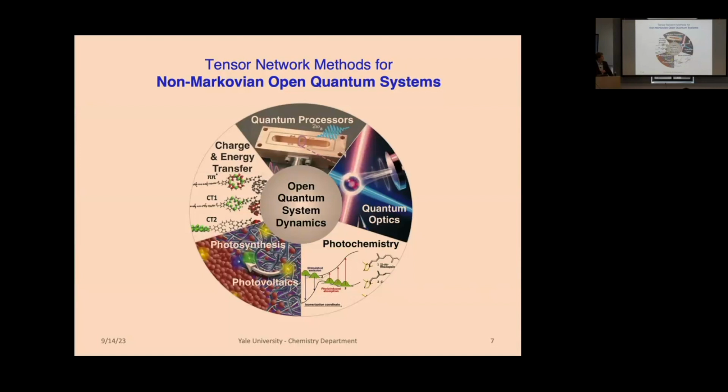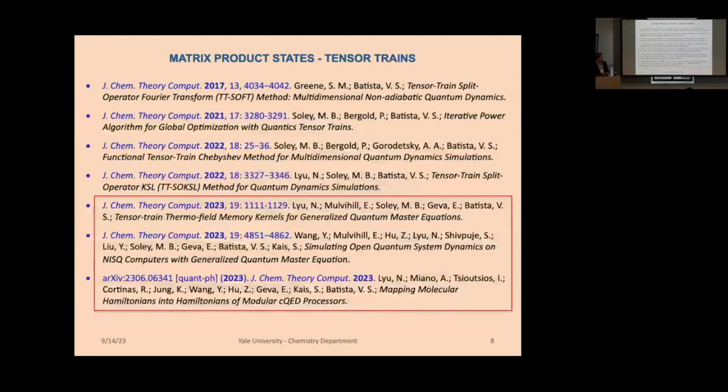And my collaborators, the physicists, are interested in modeling quantum circuits and quantum optics. All of these involve non-Markovian quantum dynamics. And our input into this direction was not only that work on the simulation of the vibronic spectrum of triatomic molecules, but our previous work on using matrix product states for simulating quantum dynamics in molecular systems.